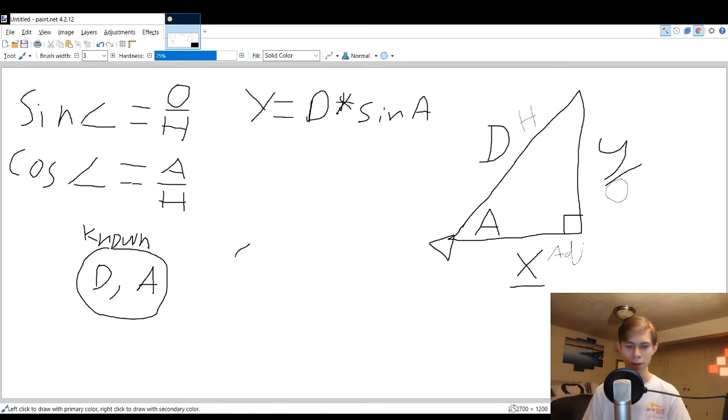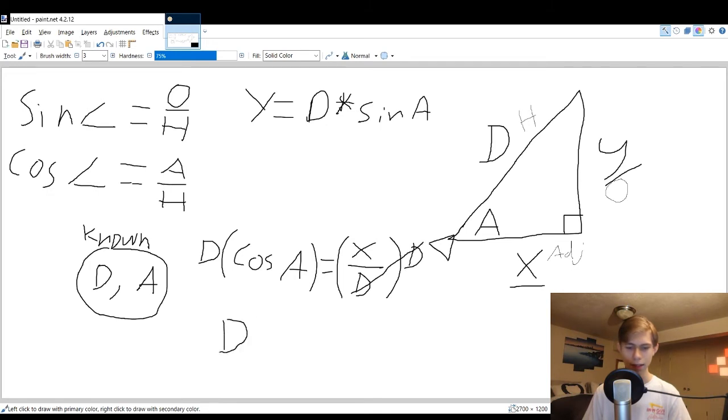So cosine of A would equal the adjacent side, x, over the hypotenuse, which is d. We can solve for x the same way we solved for y, by multiplying d on both sides of the equation. So that's the distance.